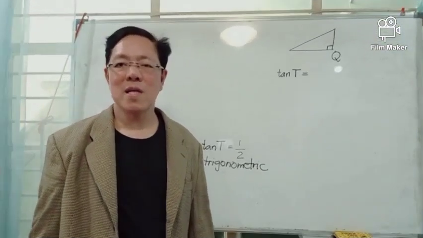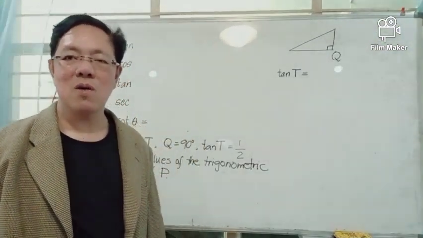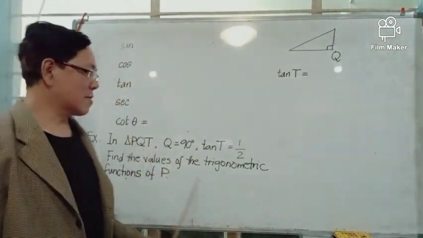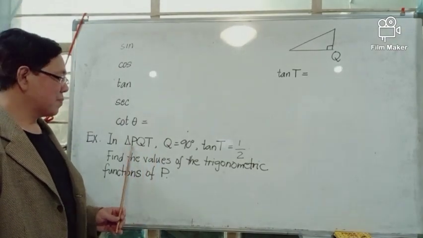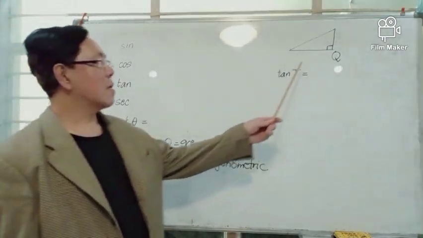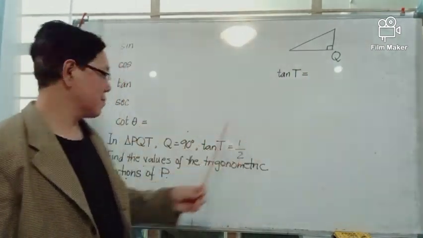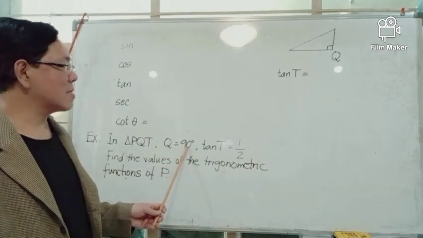The figure or diagram will help us solve for the unknowns in the problem. So for this example, we draw the right triangle PQT. And the right angle is vertex Q, because we are given that angle Q equals 90 degrees.